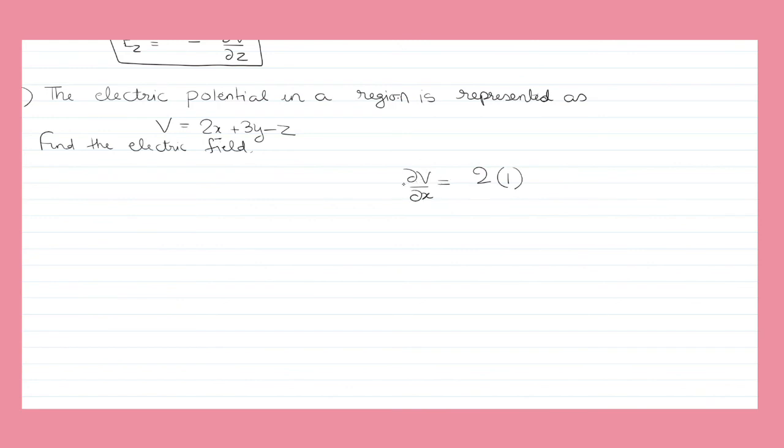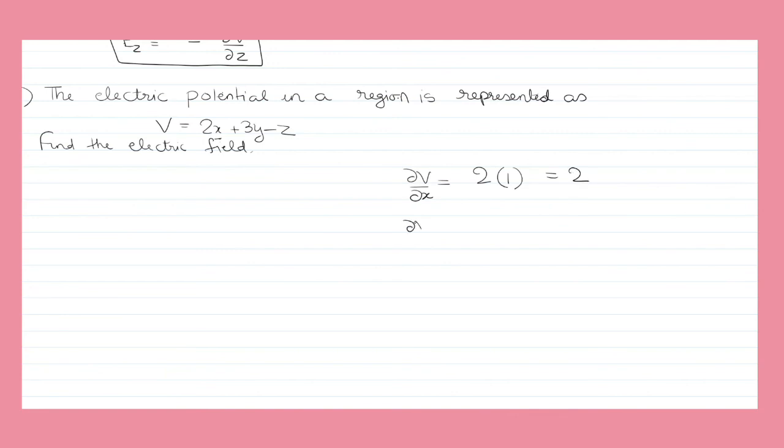Now, when we partially differentiate with respect to x, we assume that any factor of y or z will be treated as a constant. So this 3y we can treat as constant, so its differentiation will be 0. And z also we can treat as constant, so its differentiation will be 0. So dV upon dx will be 2.